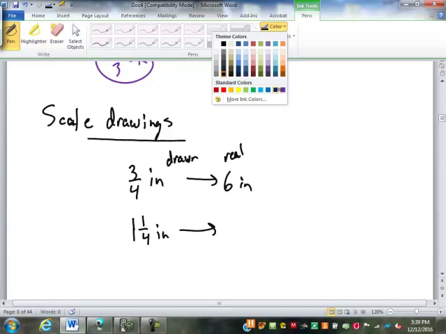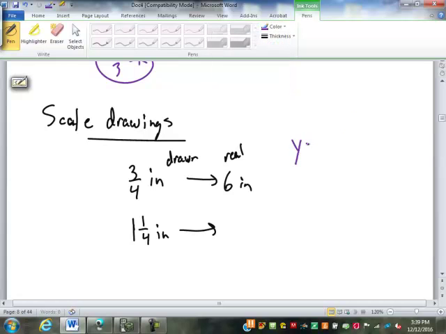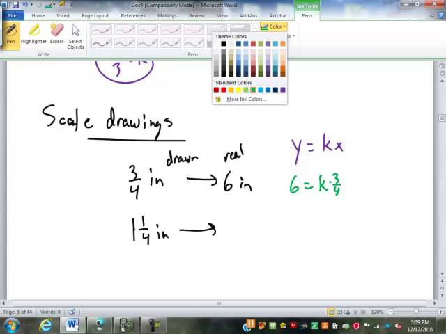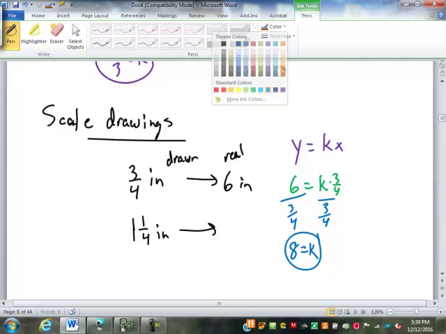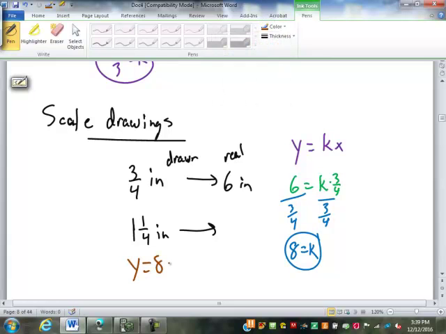So the same thing. Y equals KX. You know that 6 inches equals K times 3/4 of an inch. Divide by 3/4. 8 equals K. So you know that Y equals 8 times X. The real dimension equals 8 times the drawn dimension.